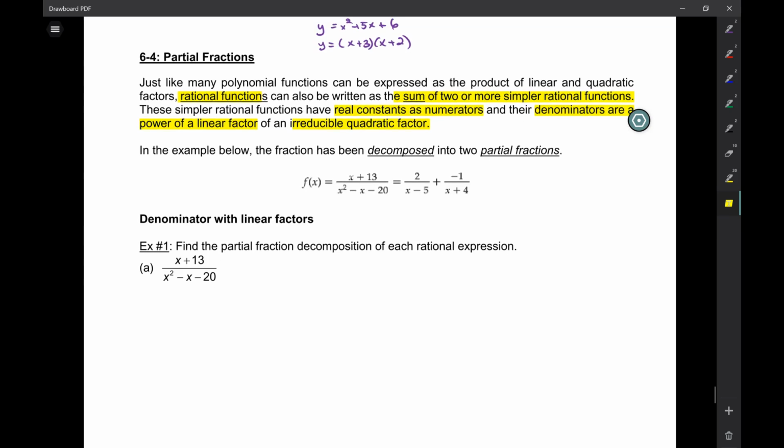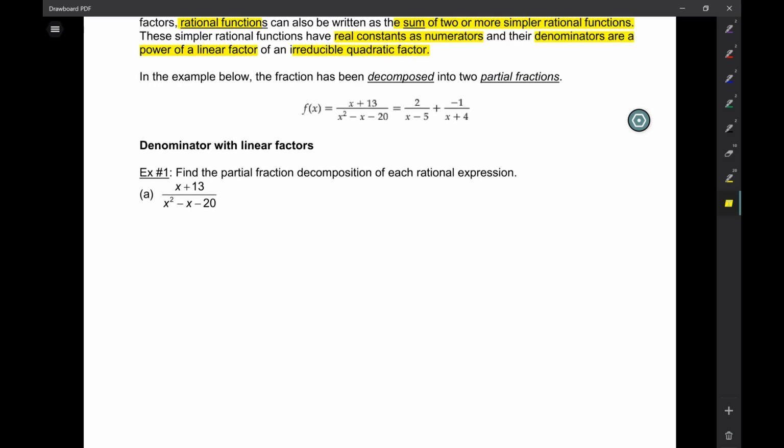All right? I've broken this lesson down into the different cases that we can come across, and those cases are classified according to their denominators. So this is case 1. It's if you have a denominator with linear factors, okay? So like this one.